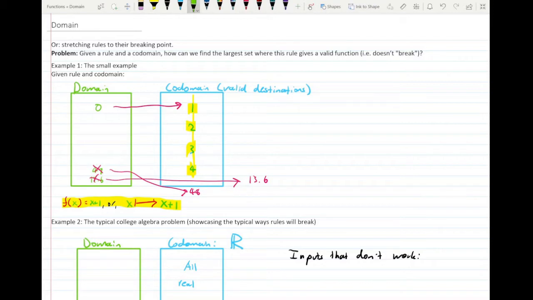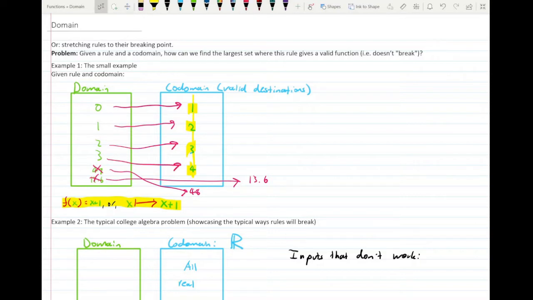In this case, it's fairly straightforward to see that 0, 1, 2, and 3 is going to be the biggest possible domain, since this covers everything and nothing else will possibly work.